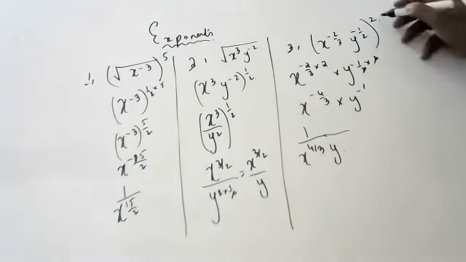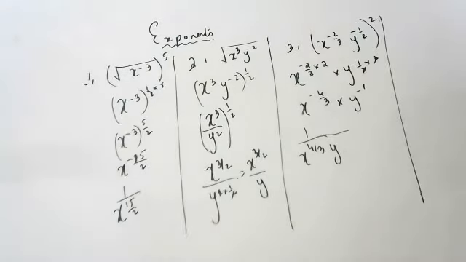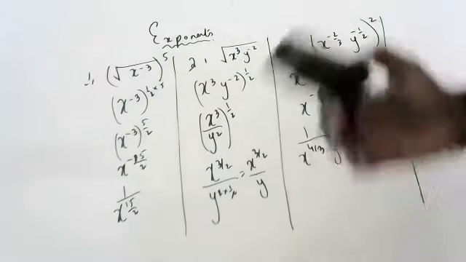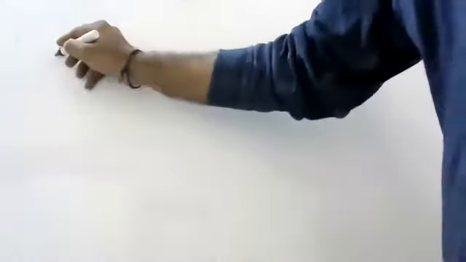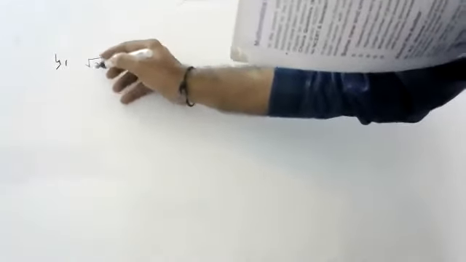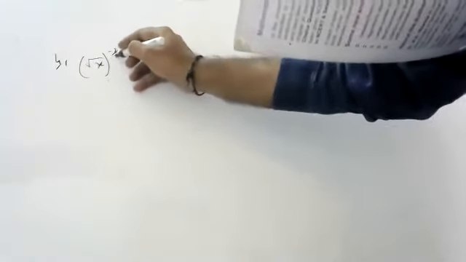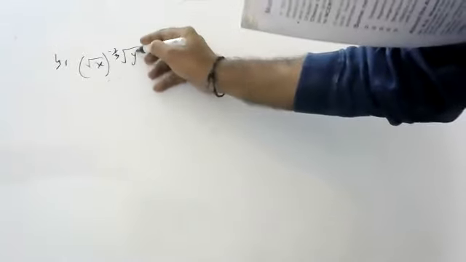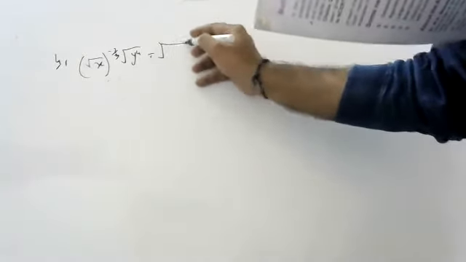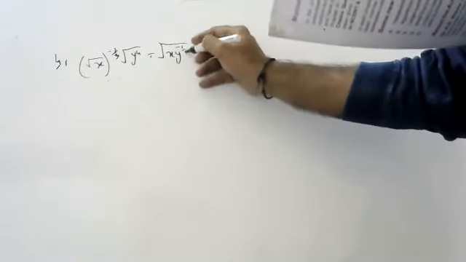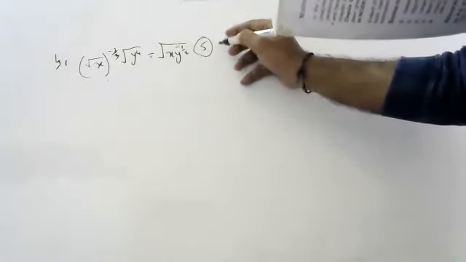Okay, children. Next sums. Pravalika, are you there? Yes, sir. Can you say next please? Root x to the power of minus 2 by 3, root y to the power of 4, divided by root of xy whole to the power of minus 1 by 2.